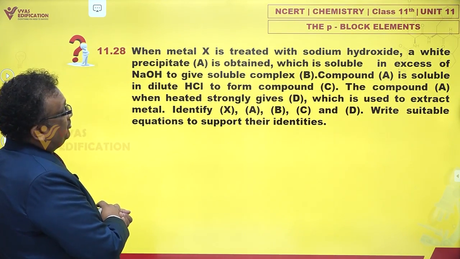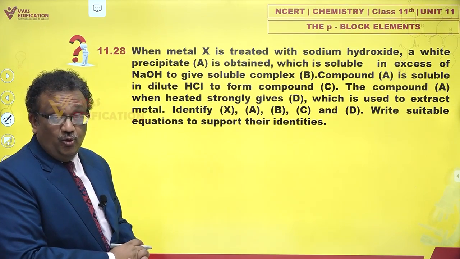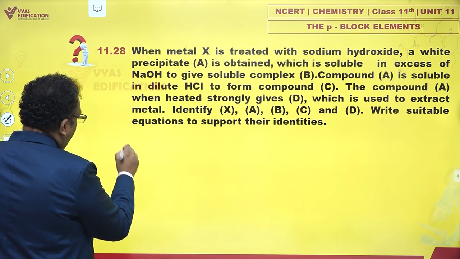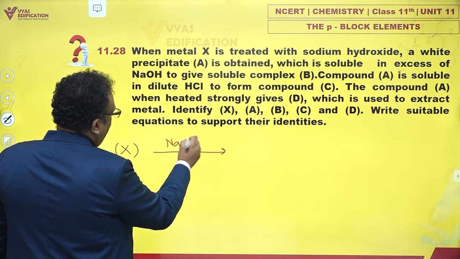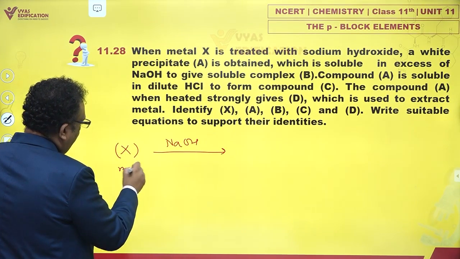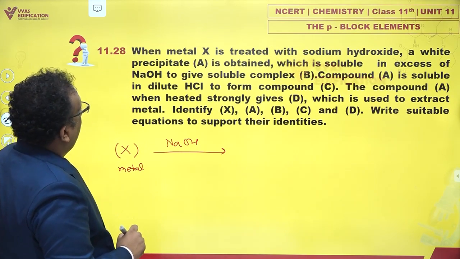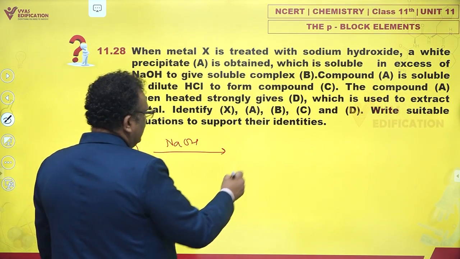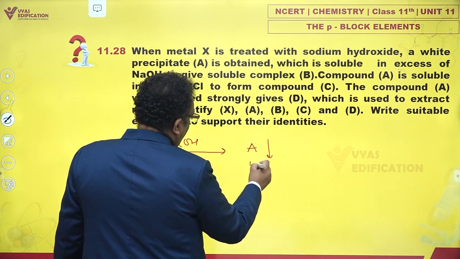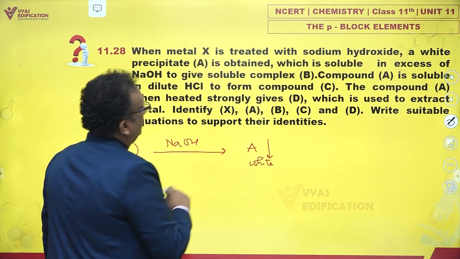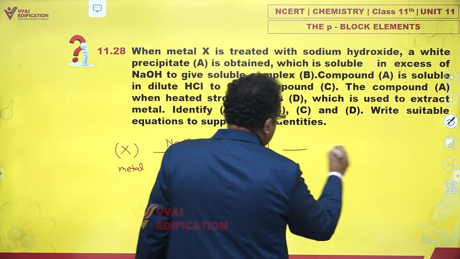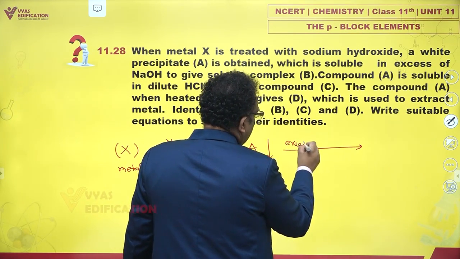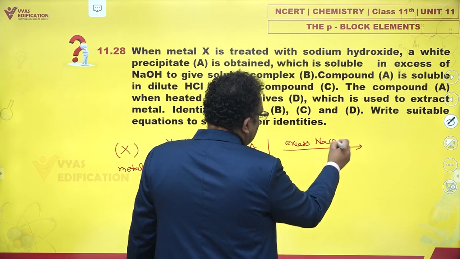When a metal X is treated with sodium hydroxide, we should note down such questions. Now please note this is a metal. A white precipitate A is obtained, which is soluble in excess NaOH.